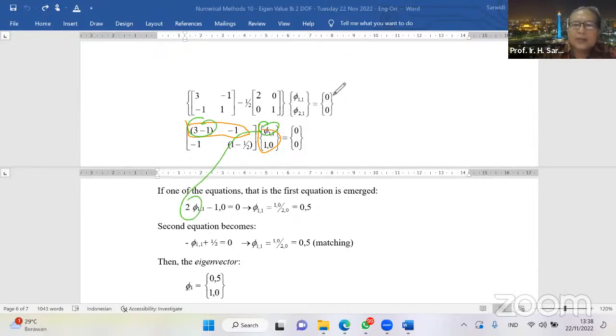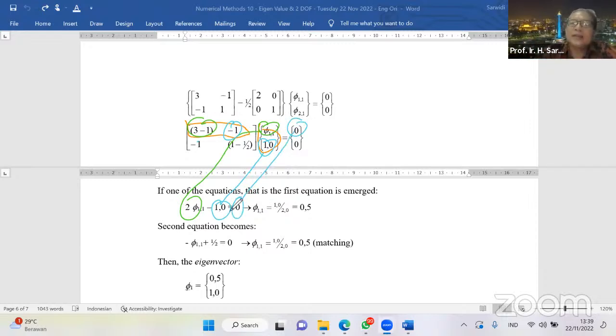Then, this one equals to this one. And then what about this one? Here is equal to here. Okay, so we have the rest similar.